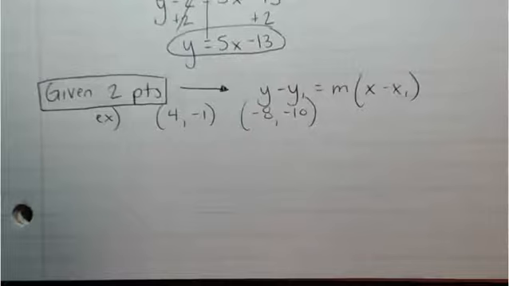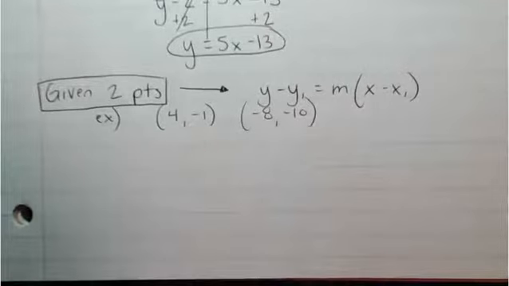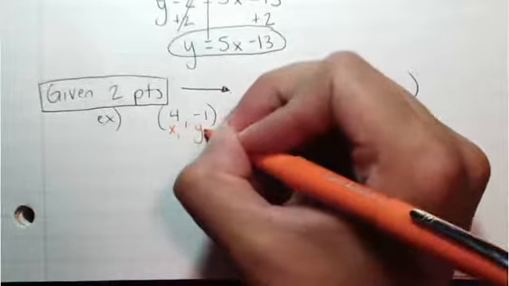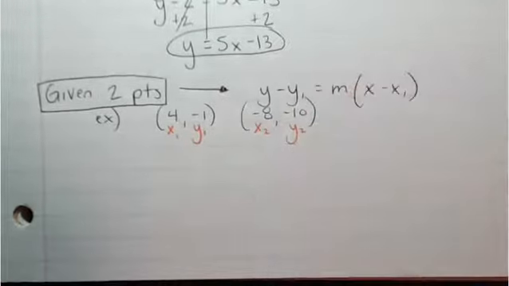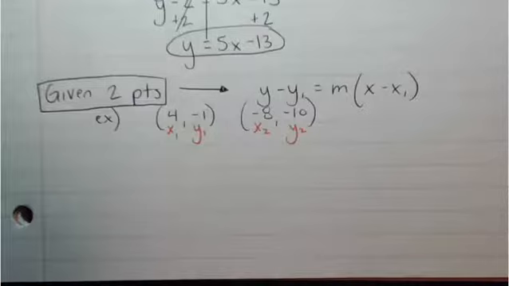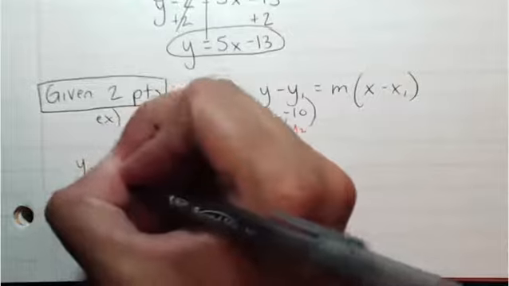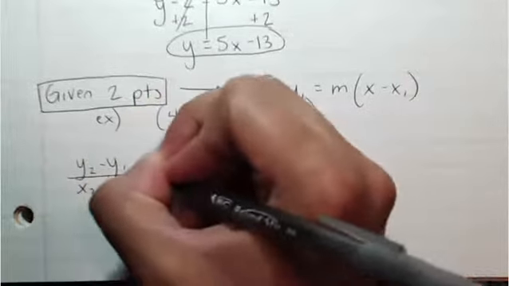Okay, the first thing that I would do is definitely find the slope. If I know in my equation I need to find the slope, I know how to find the slope between 2 points because we've been doing that for a while. This is my first point, so x1, y1, and this is my second point, x2, y2. And remember, the equation that we use is y2 minus y1 over x2 minus x1.